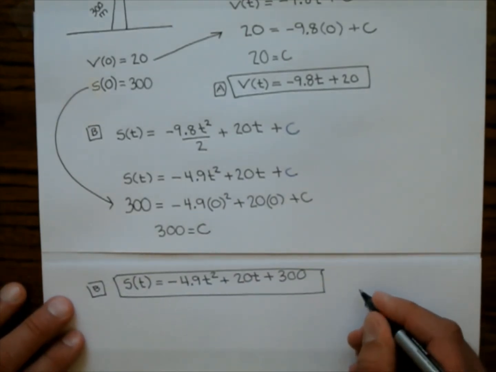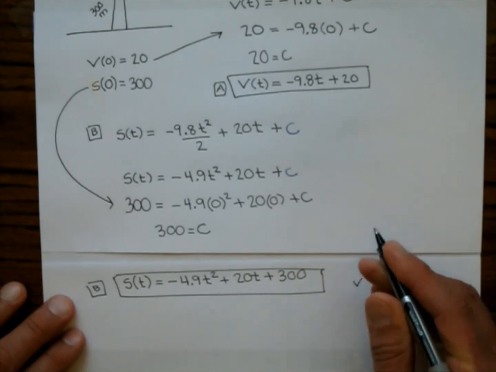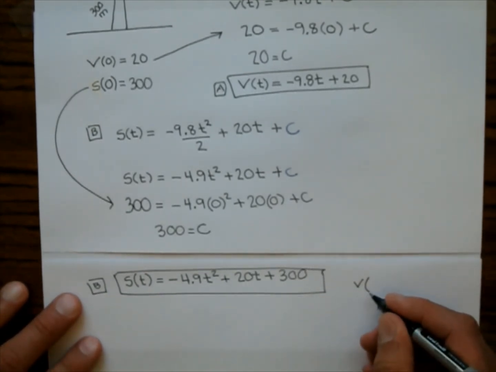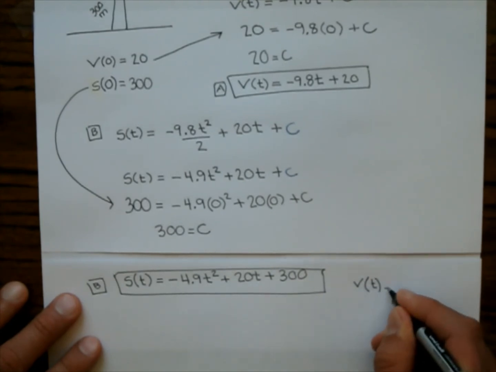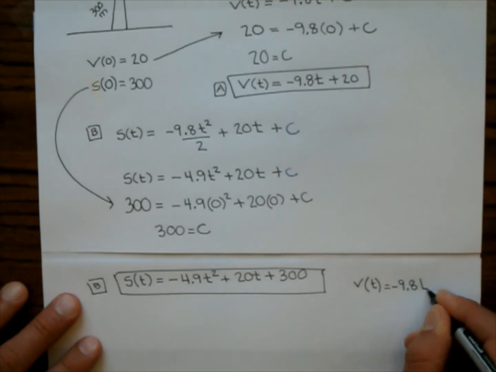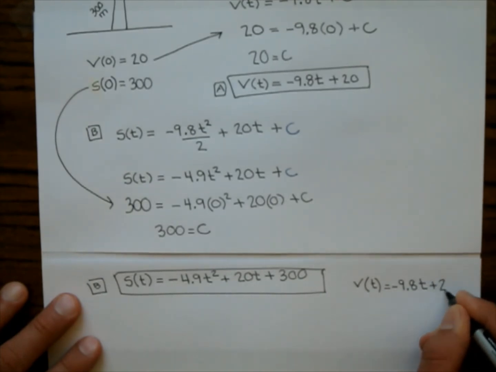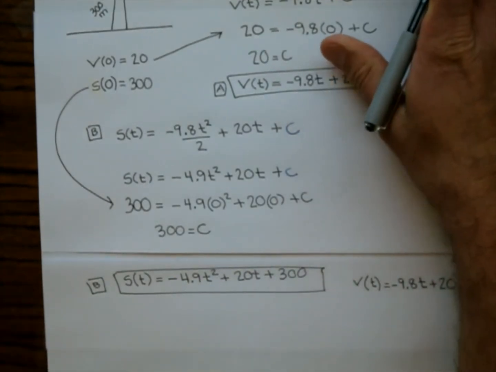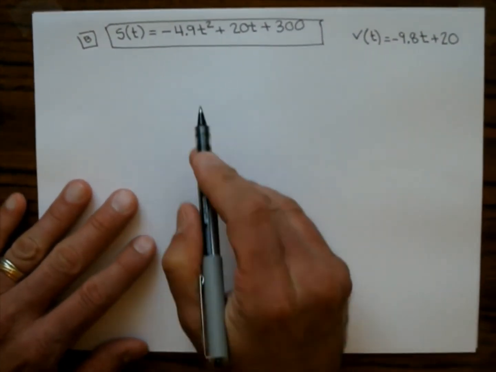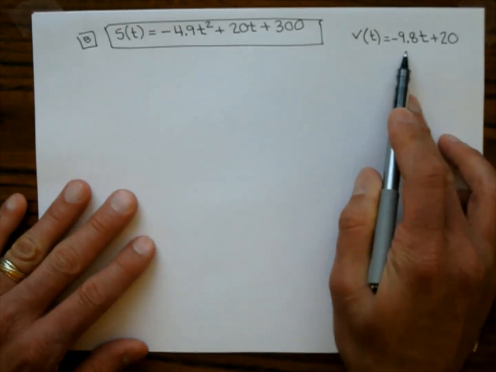Okay, now I'm going to go ahead and jot down the velocity here because I want to just use this piece of paper here. So the velocity is negative 9.8 times t plus 20. Okay, so here's the results here. And actually, I just copied it down, but if you took this derivative, you would get that.